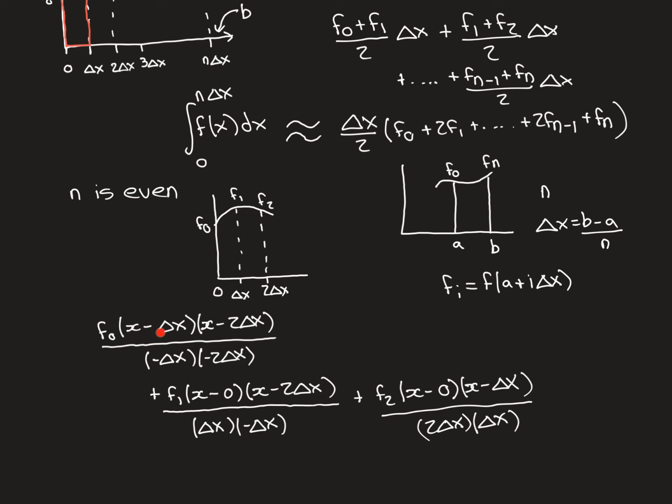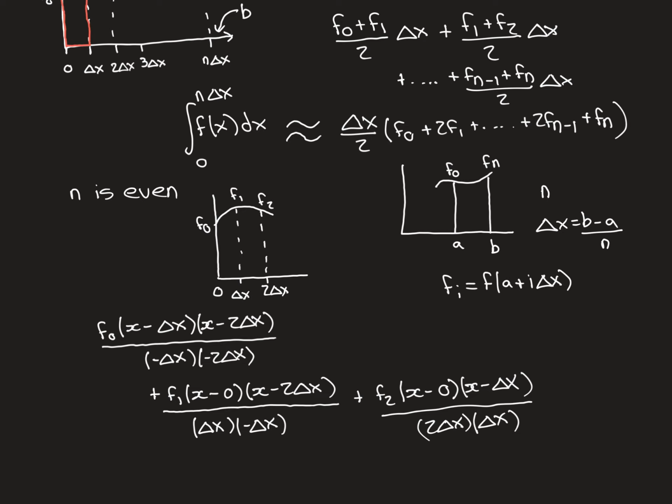2 delta x. The reason we do this is because this ensures that at delta x and 2 delta x, this term of our polynomial will go to 0, and therefore you won't get it equaling f0. Then we think, but we actually want it to equal f0 when we put in 0. If we put in 0 here, at the moment we'd get f0 times minus delta x times minus 2 delta x, which is what you get when you put in 0 for x here.